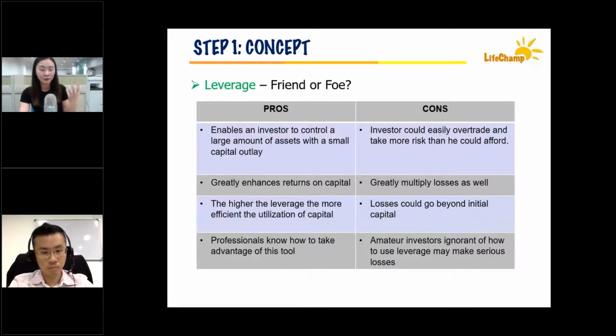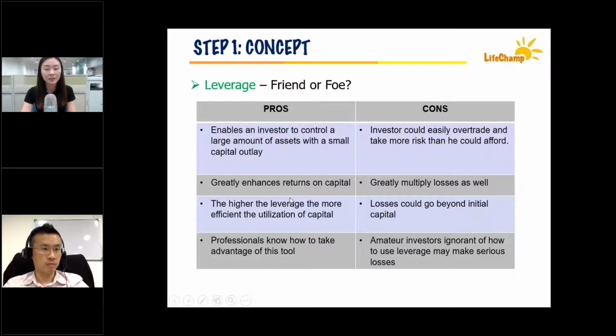With 100,000 of your capital, you can hold a lot of contracts rather than just one full-paid FCPO contract. Just now we said about 75,000, so you actually use 4,500. So for 100K you can hold more than one crude palm oil contract, and you easily get overtraded.